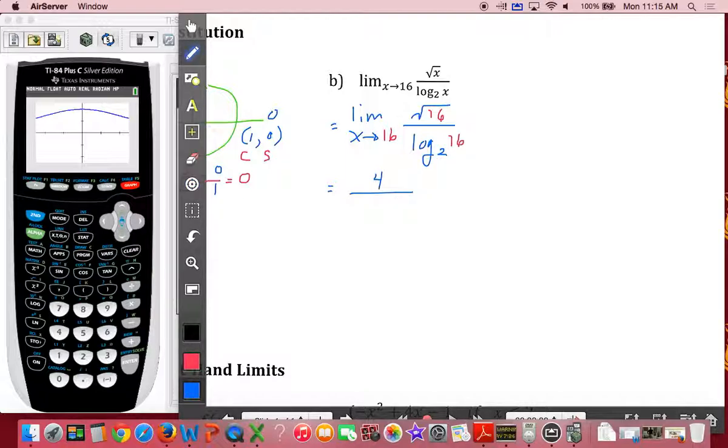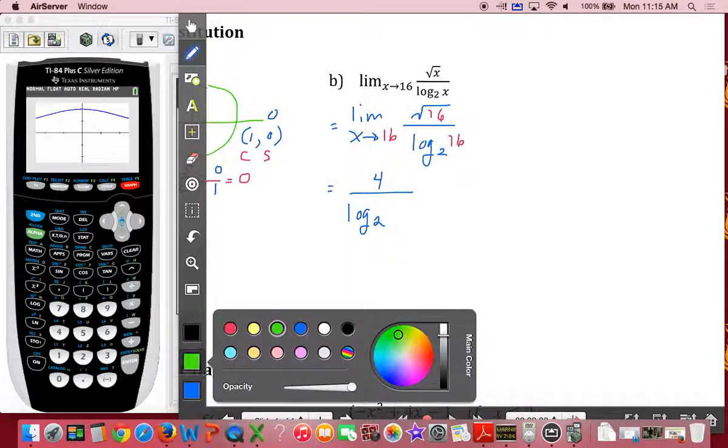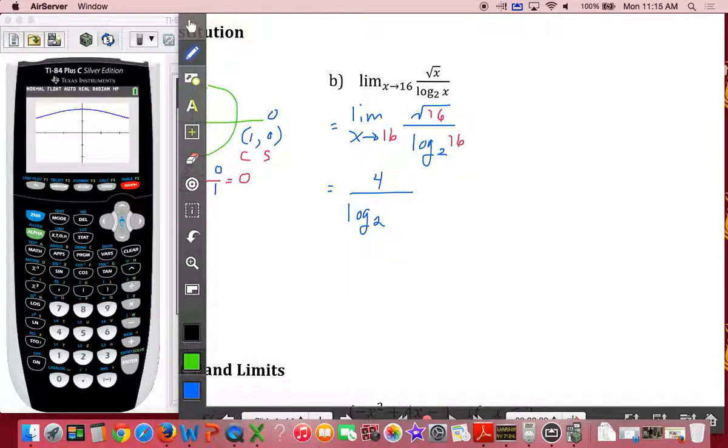And so it looks like the log base 2 of 2 to the 4th. And so the fact that those two are the same cancels out that log, if you will recall, and we get 4 over 4, which has a limit of 1, overall limit of 1.